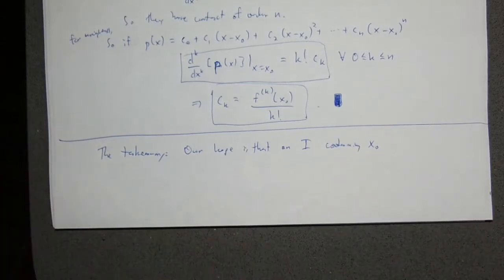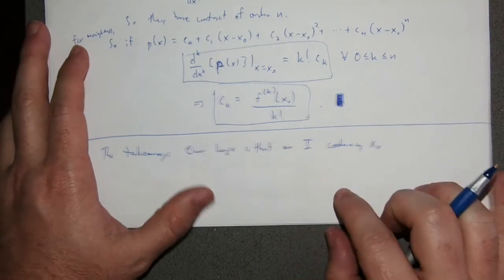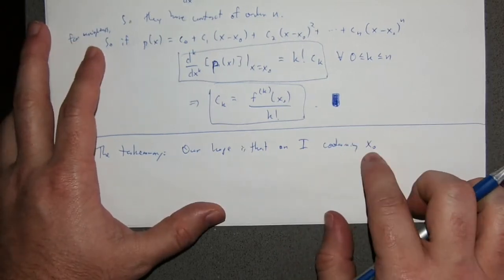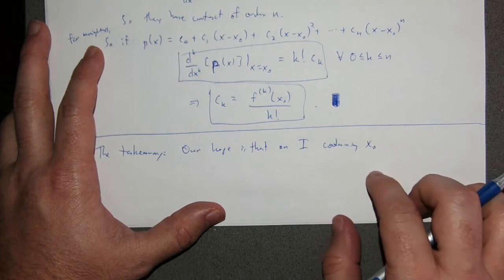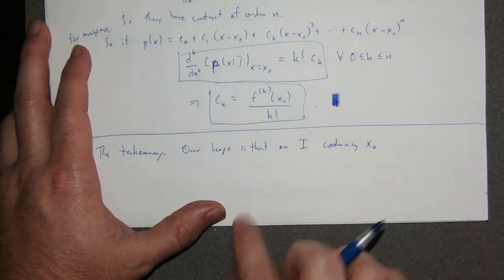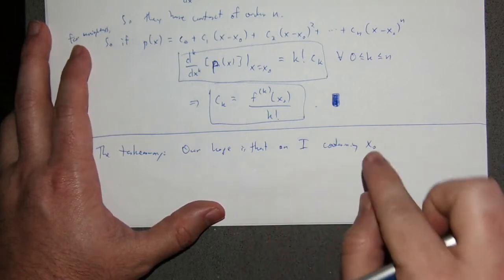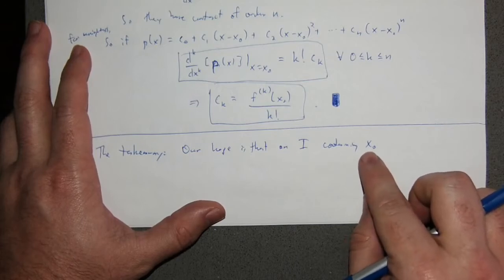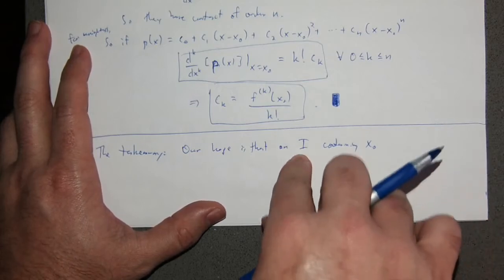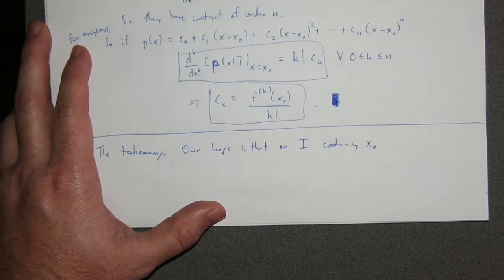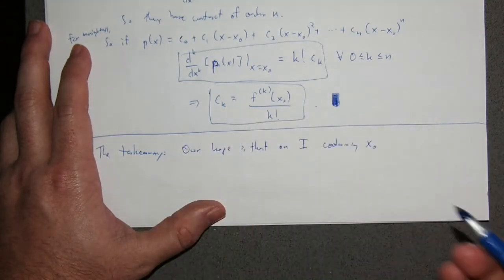So our hope is that on an interval that contains this point where we've centered our Taylor polynomial, then basically near x naught, or at least on this neighborhood, the difference between the functional values in the function I started with and my Taylor polynomial are small.